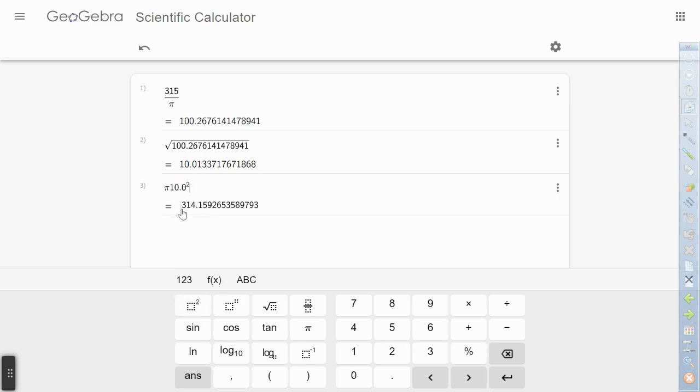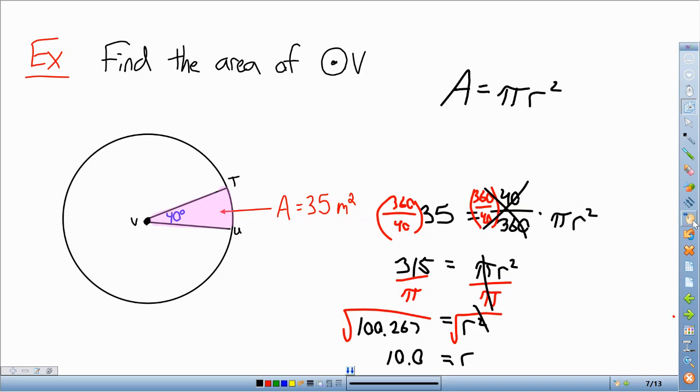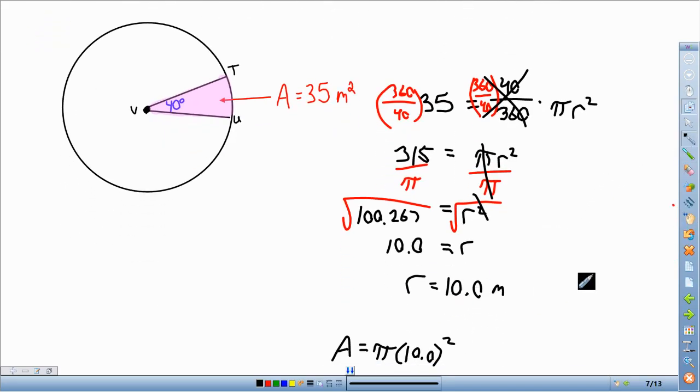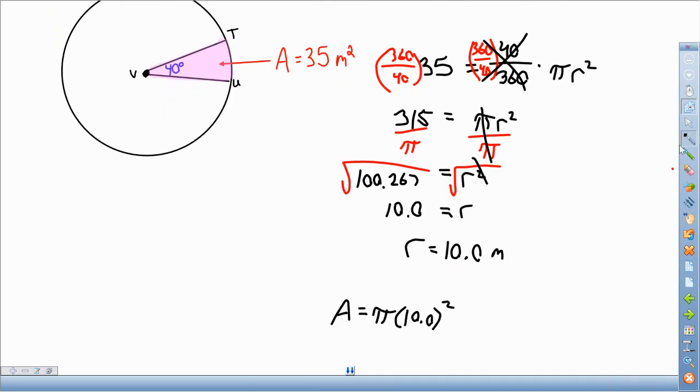Okay, I'm getting 314.15. So that's going to round up to a 2. So 314.2. And we're talking about meters, so meters squared.